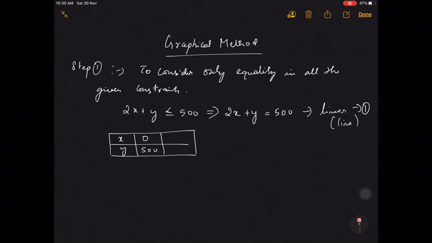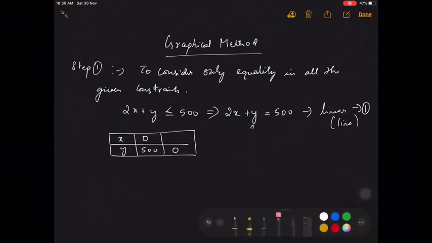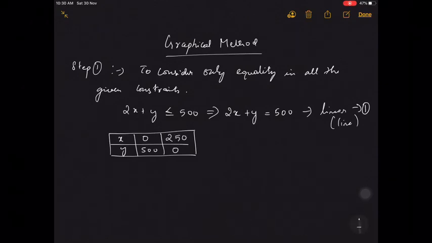Now the next step is the other way around. When you put y as 0 in this equation, you get x as 250.